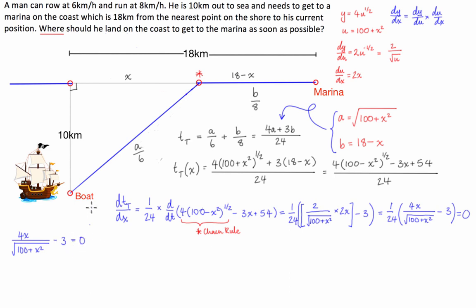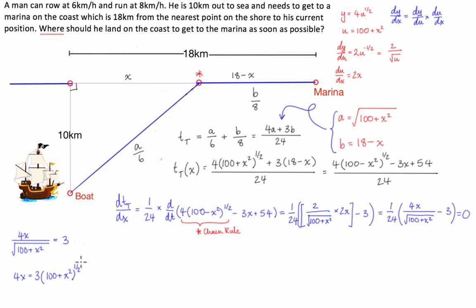Now obviously we're going to take the 3 over to the other side, so without having to do another step of working out, let's just do that straight off the bat. So it equals 3. I'm then going to multiply my surd across, and I'm going to put it in index form again, just so it's easier to recognize. So I'm going to have 4x is equal to 3 times (100 + x²) all to the power of a half.